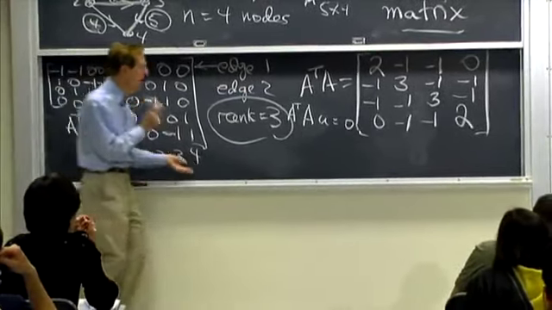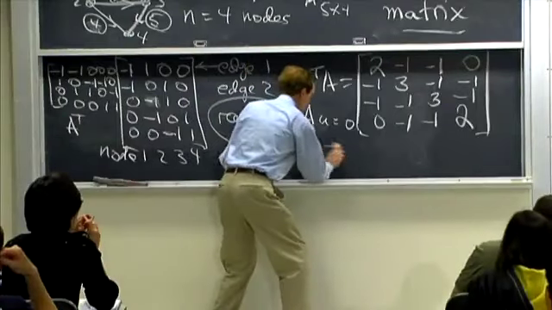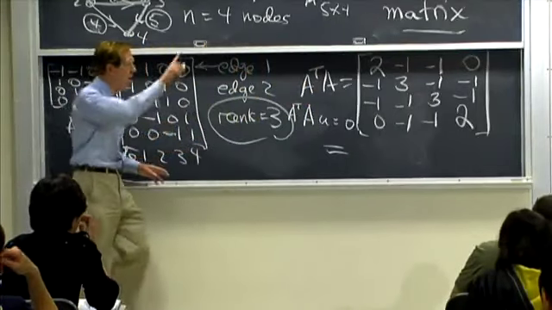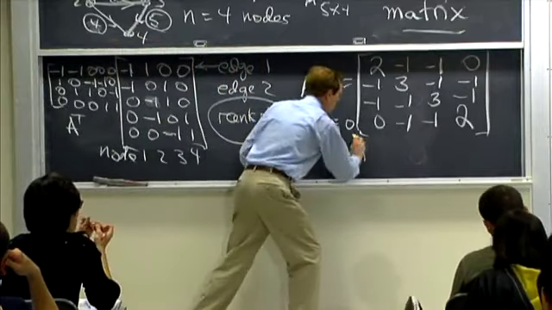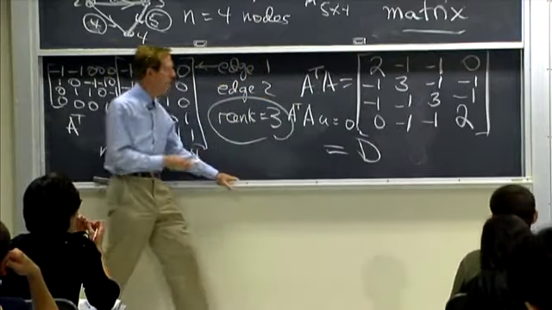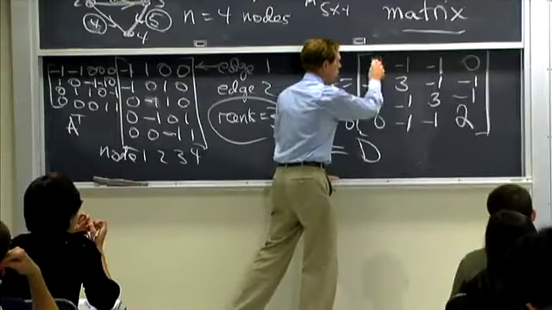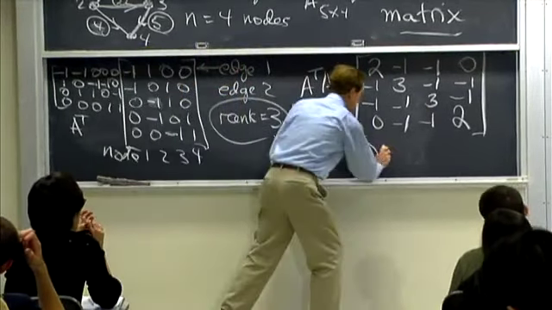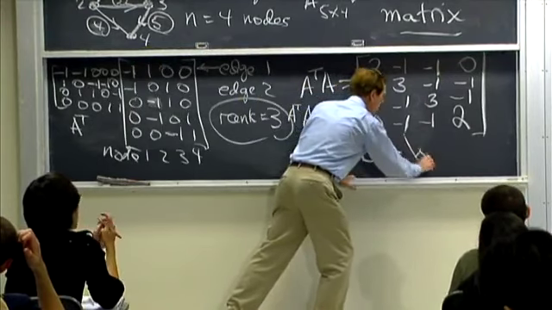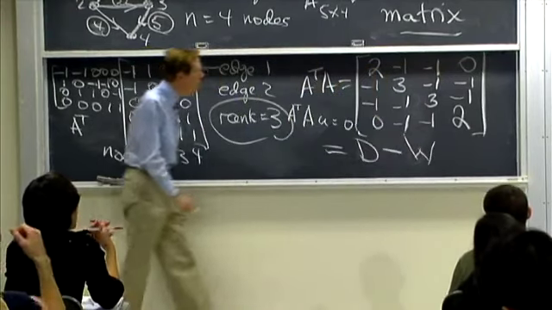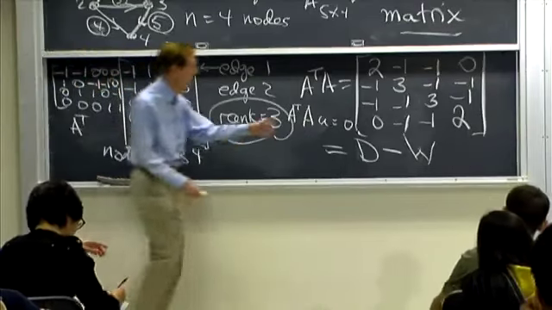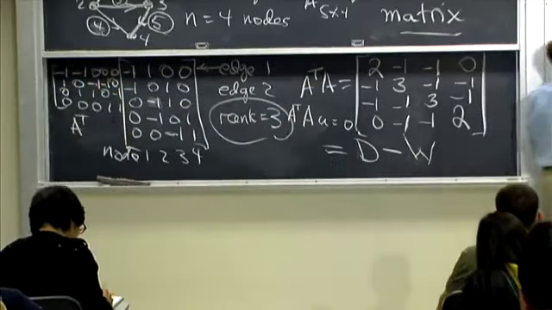Right. Let me just say for a moment, introduce a notation for the diagonal matrix, D. That's the diagonal matrix 2, 3, 3, 2. And then I'll put in a minus sign, and I'll call it W. So you can pick out what D and W are, but let me do it for sure.